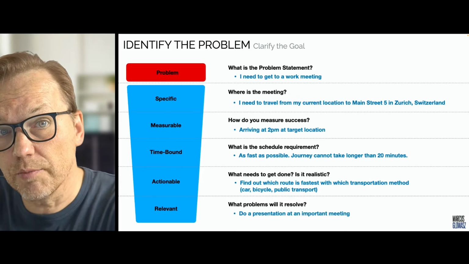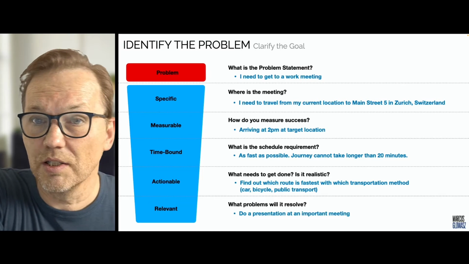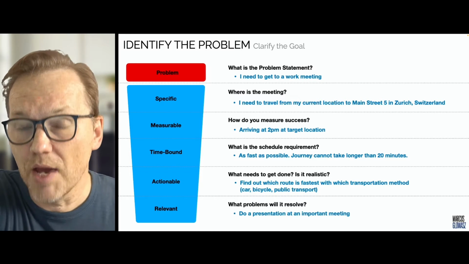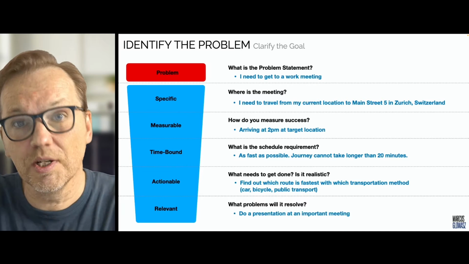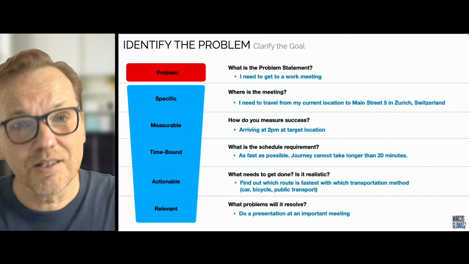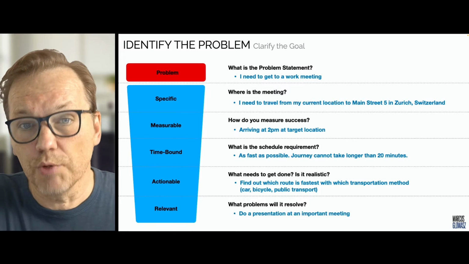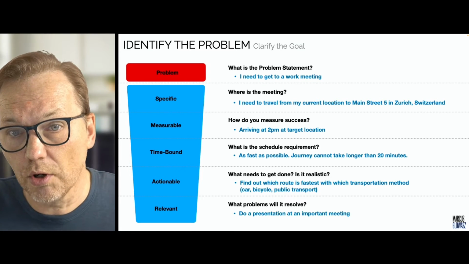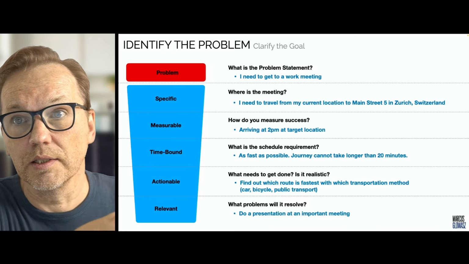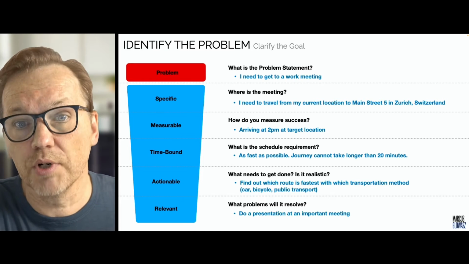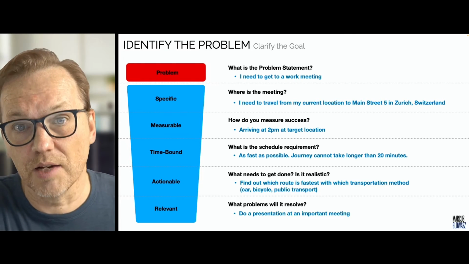And that is helpful information, which also goes then into problem framing, because maybe this particular problem I need to get to a work meeting is not really the real problem. Maybe the real problem we need to solve is to actually ensure that we can do a presentation at that meeting.